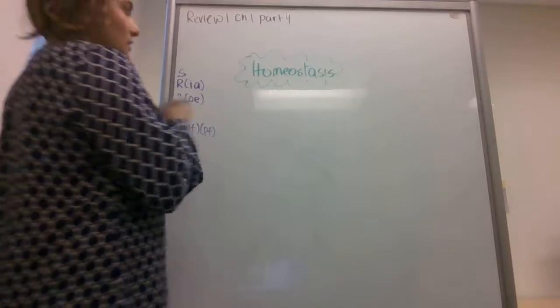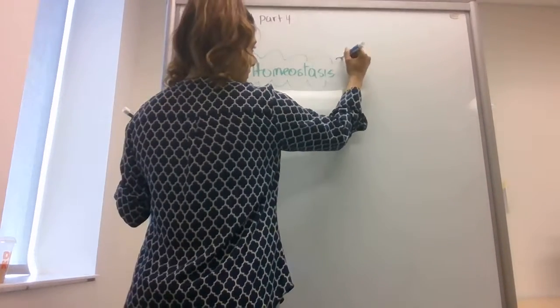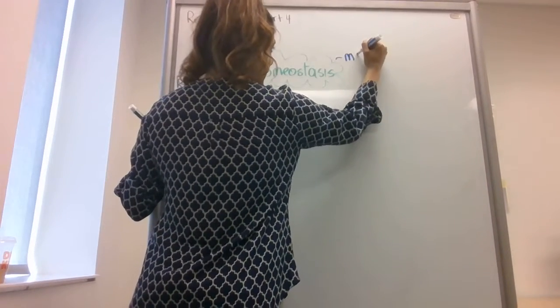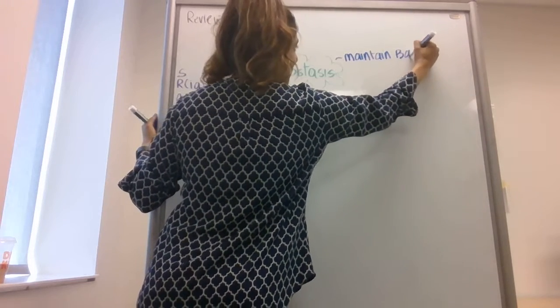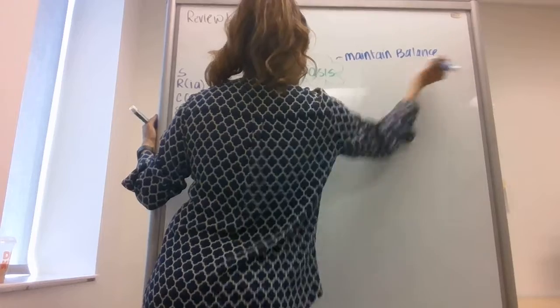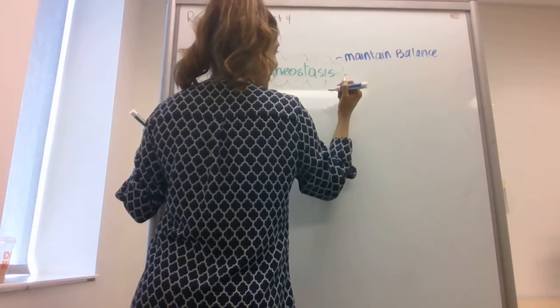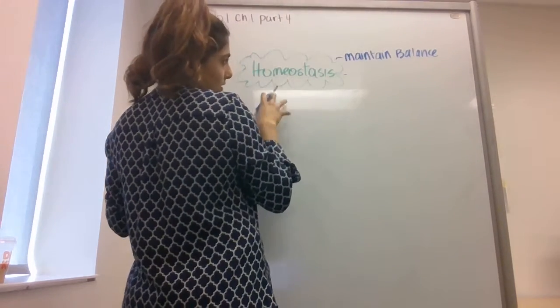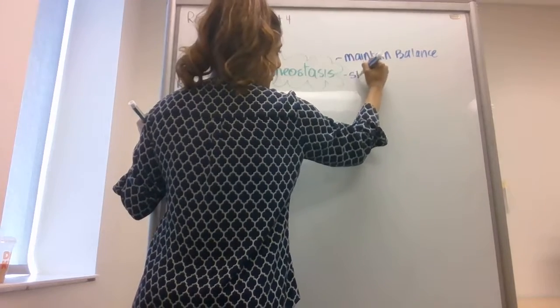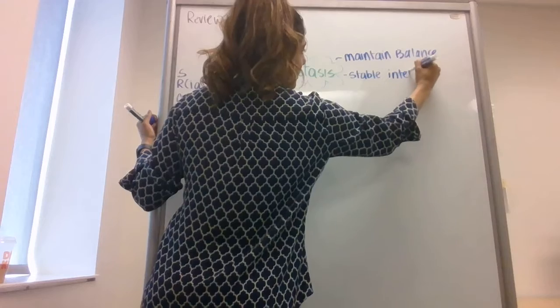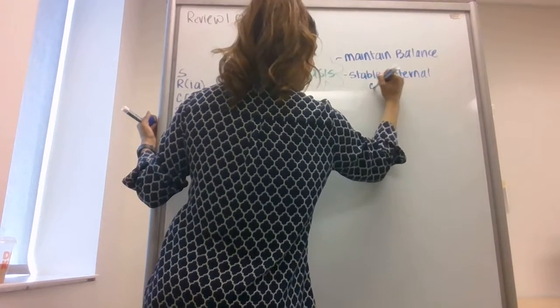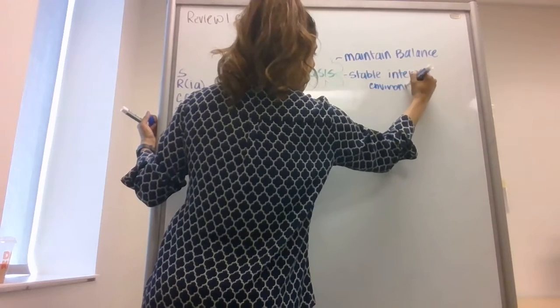So homeostasis is what maintains a balance. You can also say the job of homeostasis is to keep a stable internal environment.